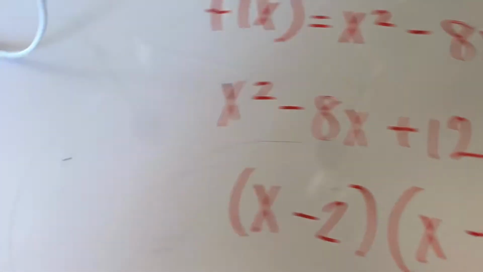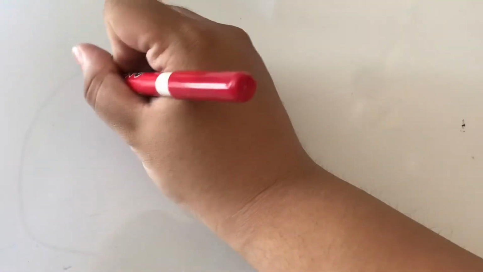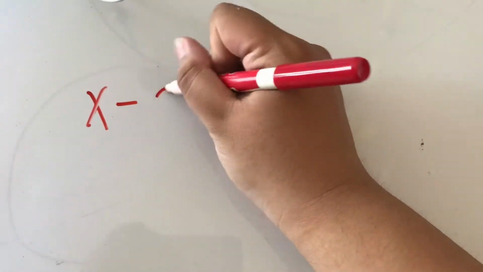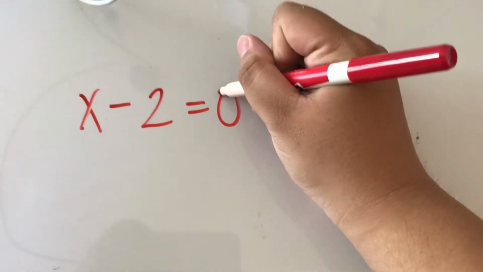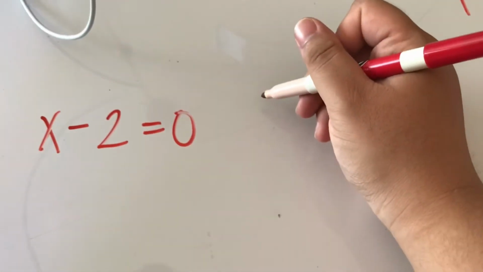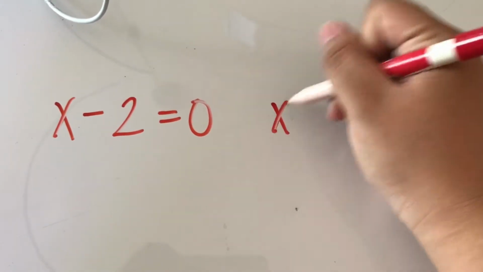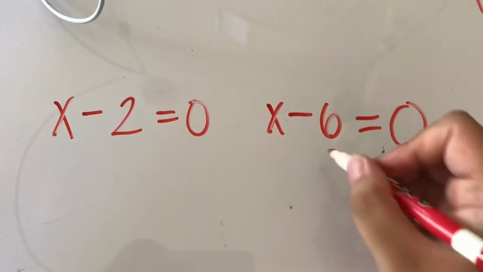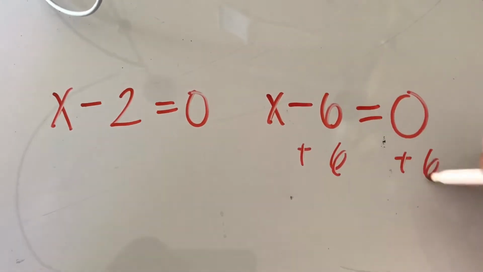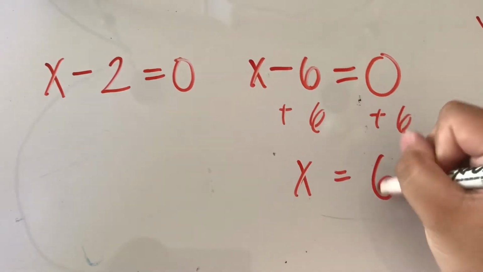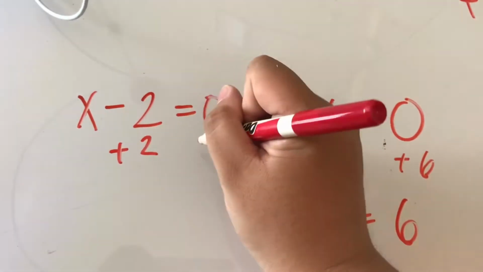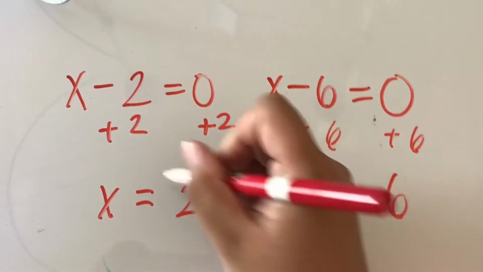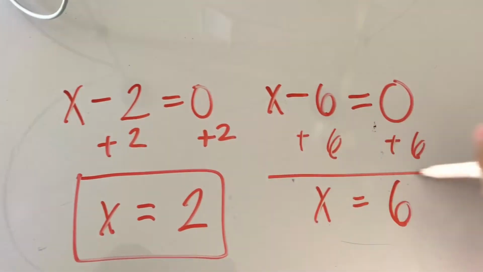After that, what you would do is make it into separate equations, which is x minus 2 equals 0, or you can do the other equation as x minus 6 equals 0. To solve that, you do plus 6 on both sides, so x equals 6, and plus 2 on both sides, x equals 2. So these are your zeros.